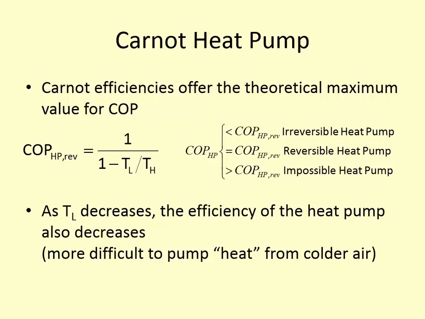And we can compare that to reversible heat pumps to see if we are violating the rules. And then again, as T_L decreases, the efficiency of the heat pump also decreases, or the effectiveness of the heat pump, because it's more difficult to pump heat from cold outside air. So on days when it's 5 degrees outside, your heat pump is either probably running constantly or it has switched into emergency heat mode.